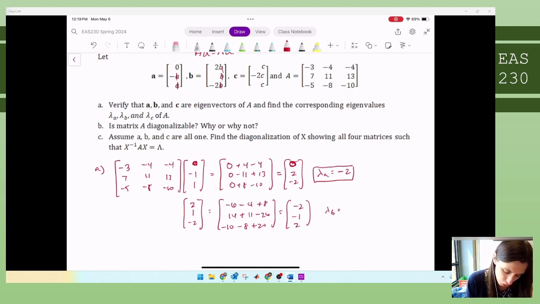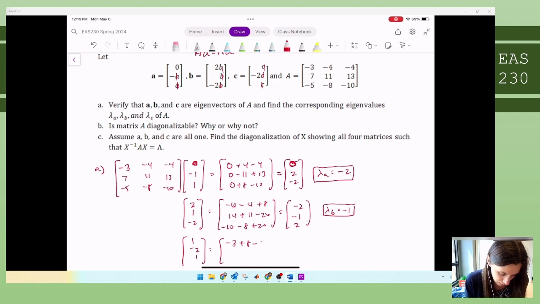So lambda B should be negative 1. And then my last one, I'll use 1 again. 1, negative 2, 1 equals, I'm only going to do one of these. Negative 3 plus 8 minus 4 equals 1. So lambda C equals 1.